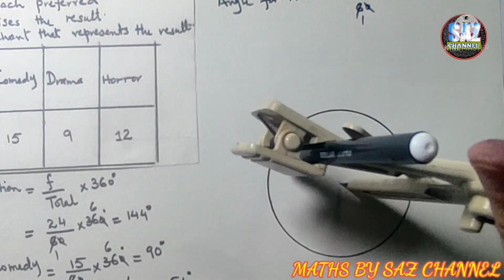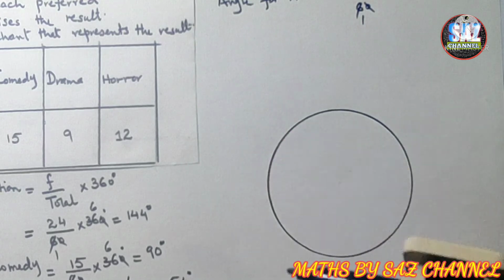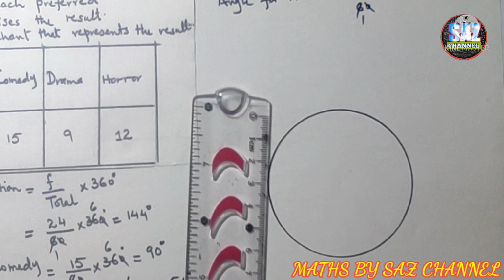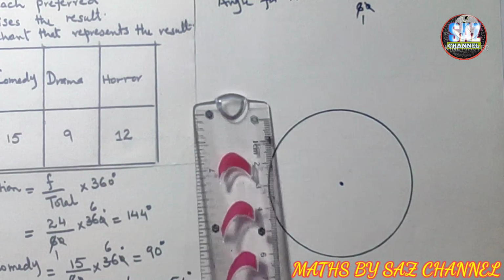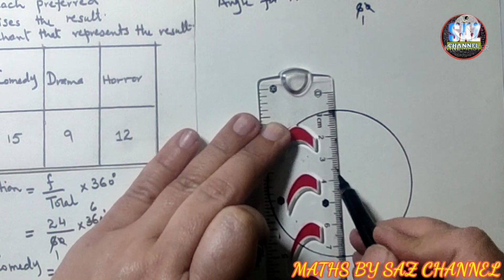Sometimes the examiner gives you the starting point and sometimes he doesn't, so there has to be no issue even if he's not giving the starting point. Now recall my previous lesson that what we have to do, we have to fix the point, this is the center, and then we have to mark the starting point and the radius.